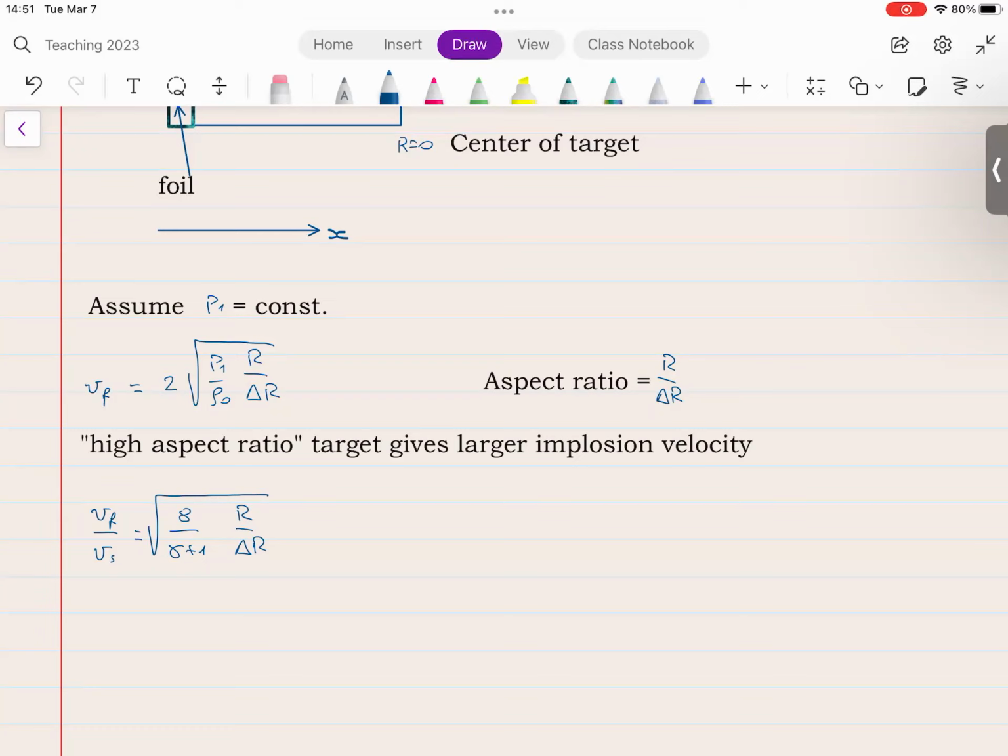And that is how inertial confinement targets are made.